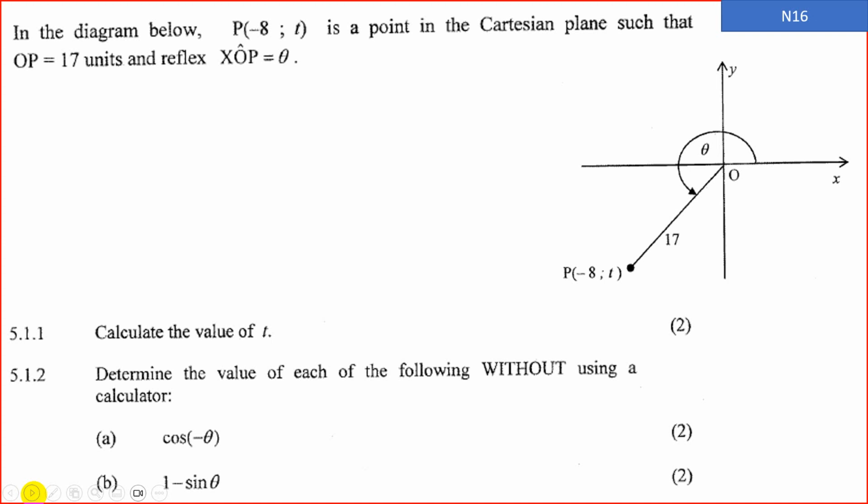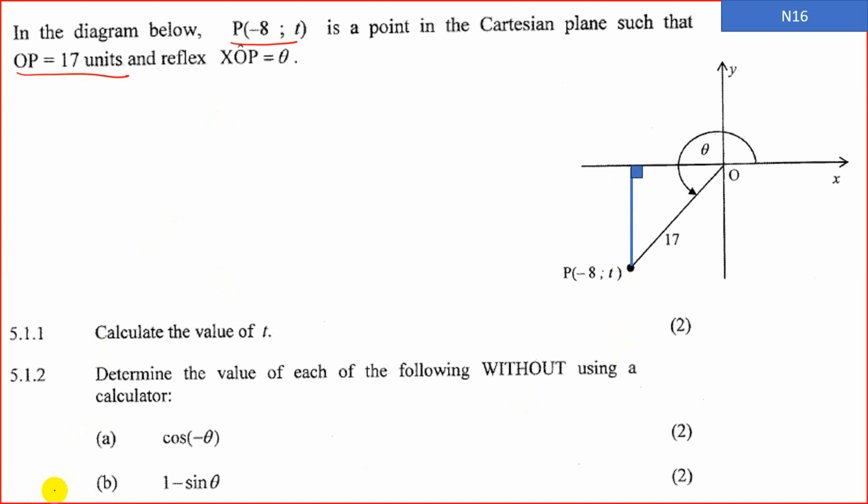In the diagram below, P(-8, t) is a point in the Cartesian plane such that OP is 17 and reflex angle XOP is equal to theta. On inspection of the diagram, from point P we draw a line perpendicular to the x-axis.